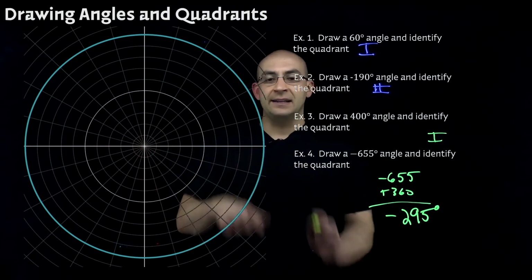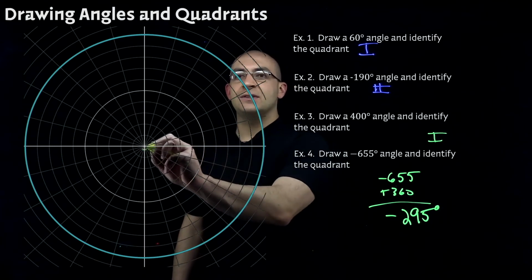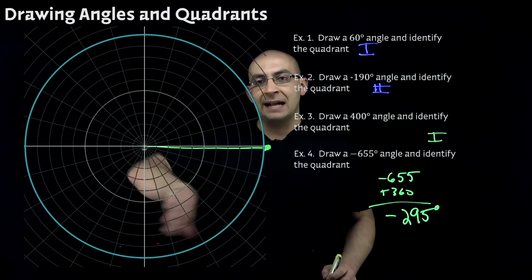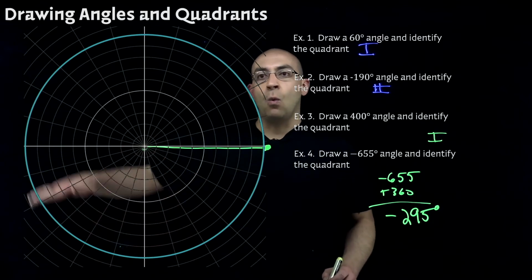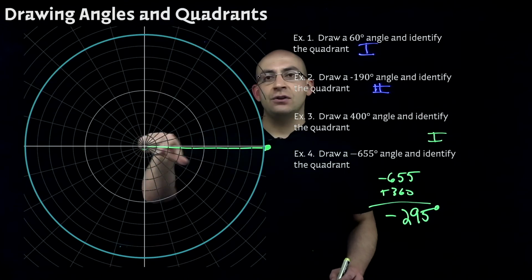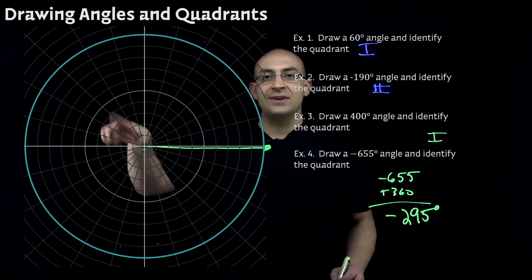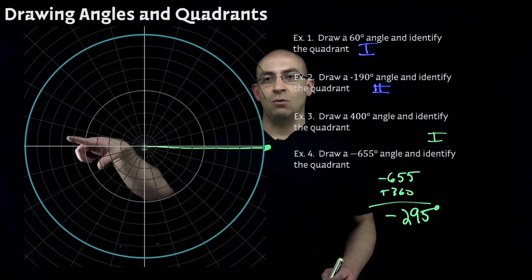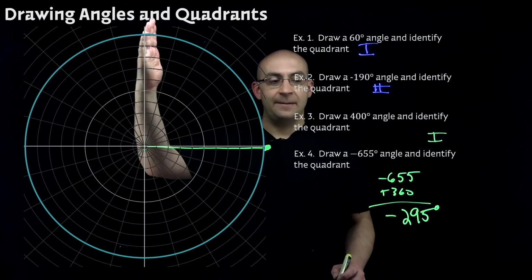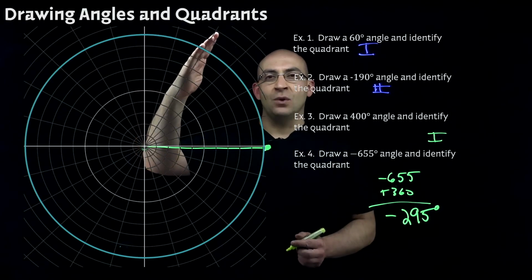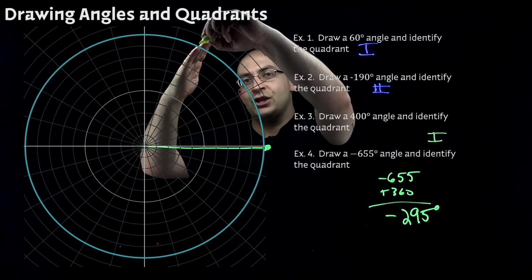Remember, I'm going negative, so I'm going to start with my initial side from here. 90 degrees, 180, 270. Each right angle is another 90 degrees of our circle. So 90, 180, 270. Well, I want 295. So it's a little bit more than that. Let's say it's about here-ish.